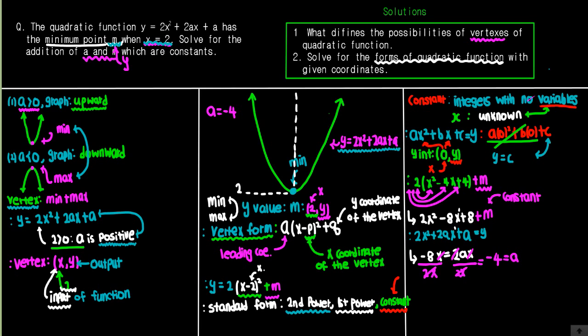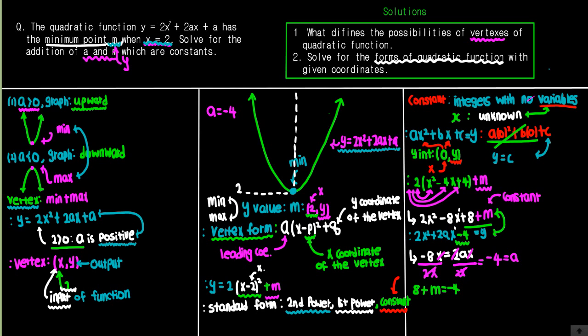Negative 4 is a constant, and a plus m is also a constant. So they will always be the same, since these two functions are the same. So a plus m is the same thing as negative 4.